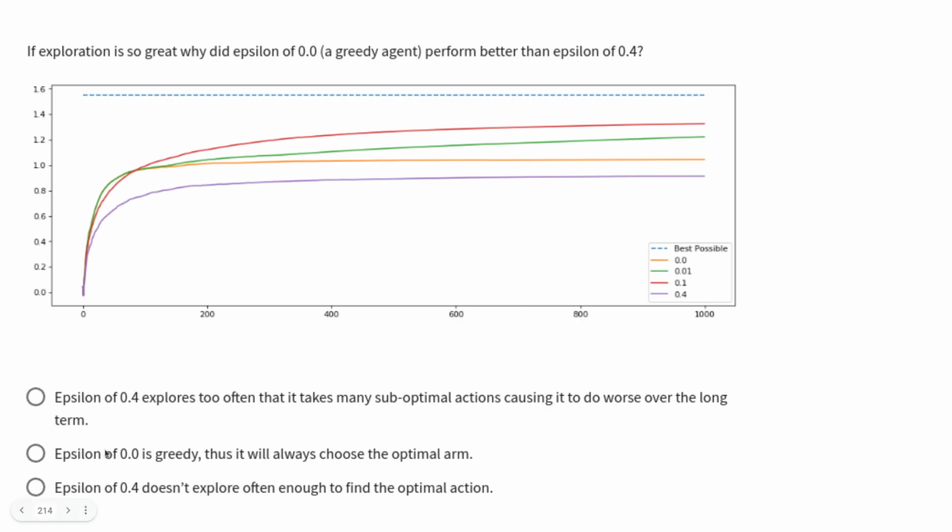The first option is that epsilon of 0.4 explores too much, often takes many suboptimal actions, causing it to do worse over the long term. Epsilon of 0.0 is greedy, thus it always chooses the optimal arm. Epsilon of 0.1 doesn't explore often enough to find the optimal action. Which one is true?